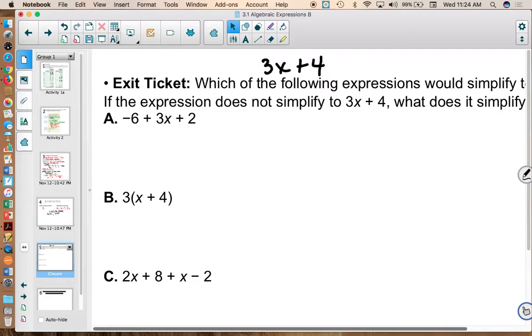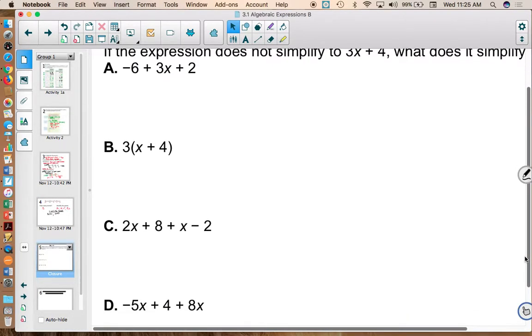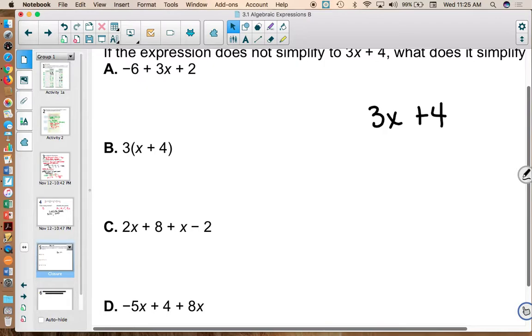Is it going to be A, B, or C? Which one of them is going to simplify down to be 3x plus 4? Do you know already, Jillian? No, but there's a D to it. There's a D to it? Okay. And it can be multiple. And it is. Following expressions. Okay, we're getting down to 3x plus 4. Which one of those is going to simplify down?